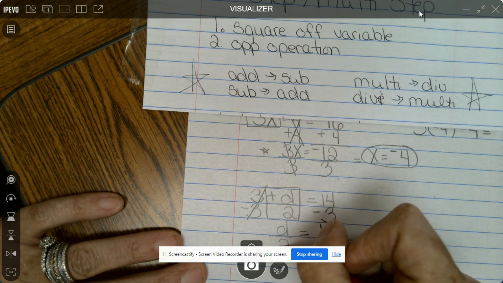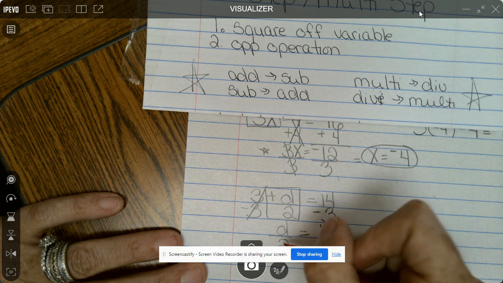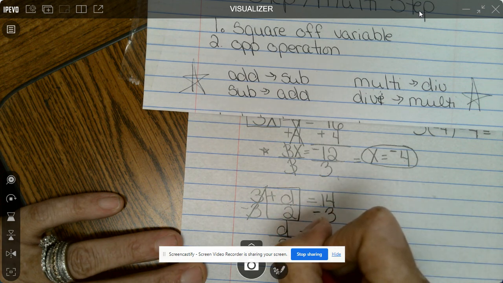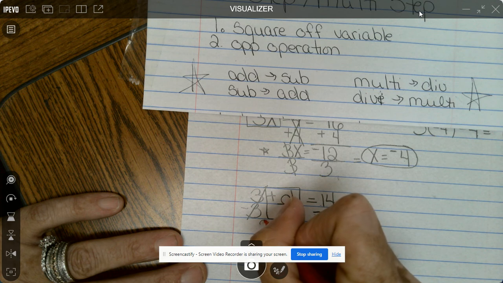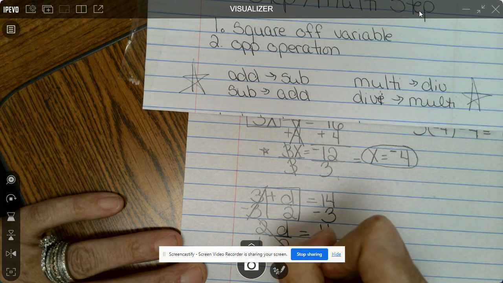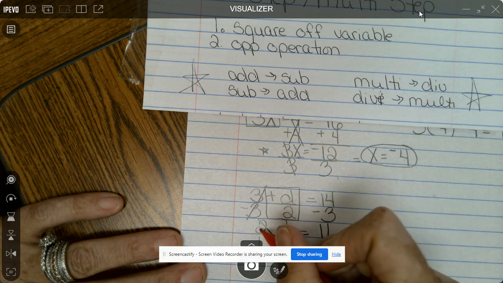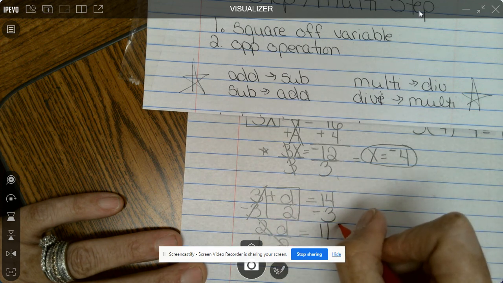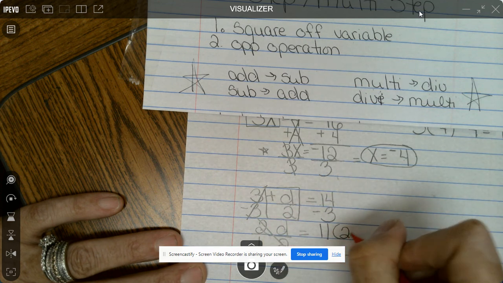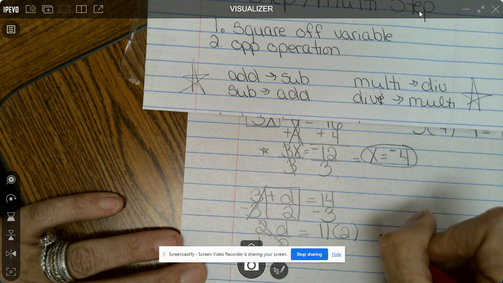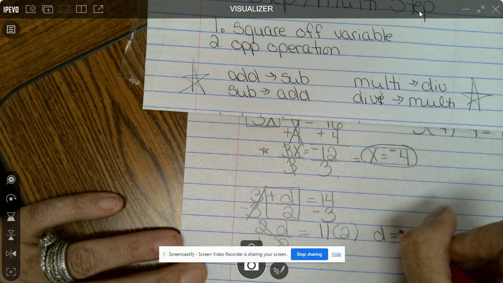Because this is division, the opposite of division is going to be multiplication. If we did a keep change flip, we're simply taking that denominator, rolling it up top, and then we can cross that off. If we multiply this side by 2, we can multiply this side by 2, which gives us d equals 22.